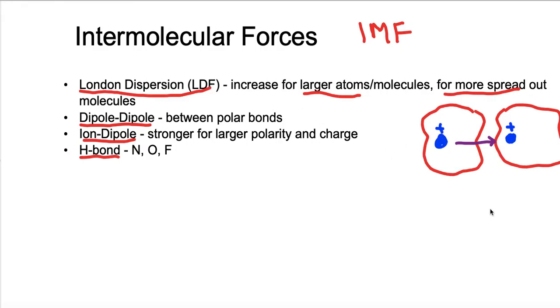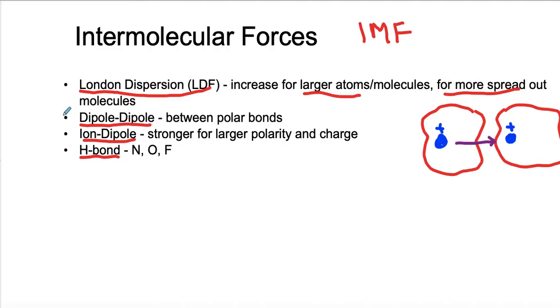So it's between all molecules. Every 2 molecules or every 2 atoms that are attracted to each other have London dispersion forces, but it's a very weak force. And then the next one is the dipole-dipole forces, and these are between polar bonds. So dipole, think of polar, where you have a positive and negative side, and you would have these attractions between these things.